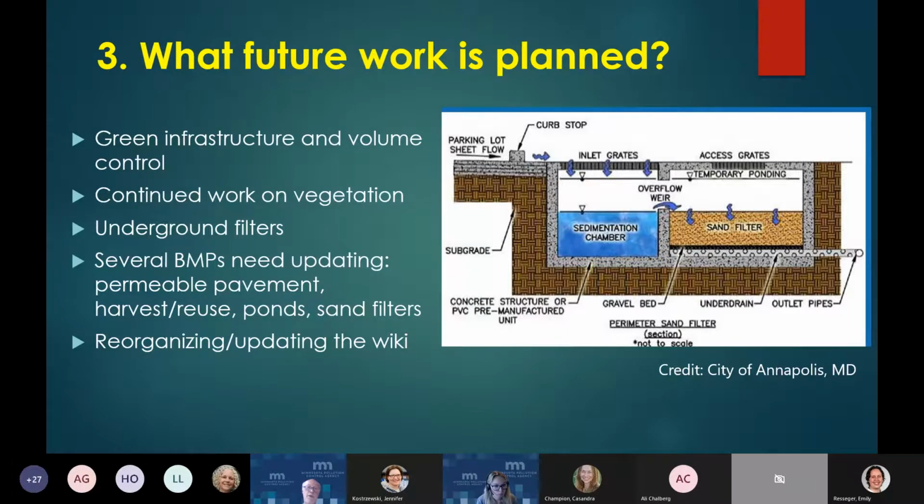Several BMPs need updating. Permeable pavement, harvest and reuse, ponds, and sand filters are all in need of updating. The stormwater world continues to change very quickly, and this is one of the really nice features of the wiki platform.